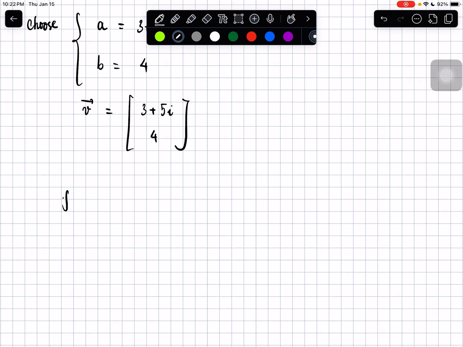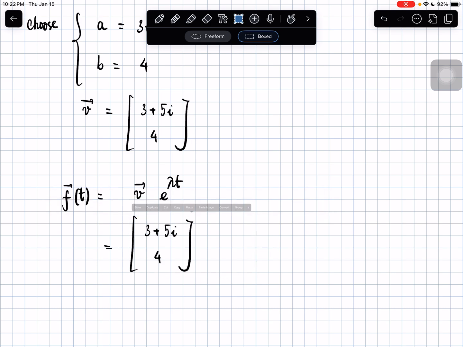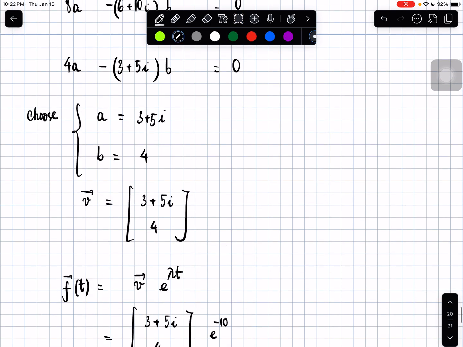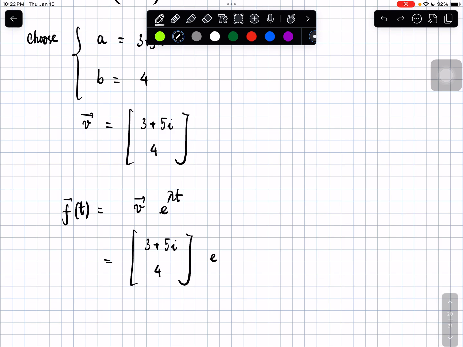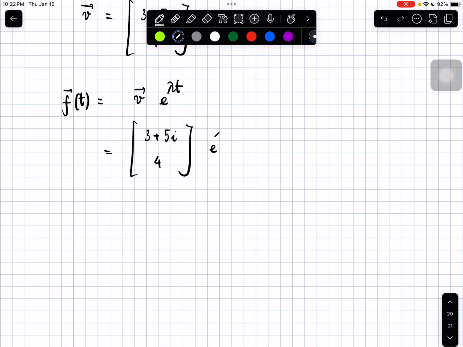Let's call it F(t) equals V e to the lambda t: (3 plus 5i, 4) e to the 10i t. So we use the Euler formula. We write this down.